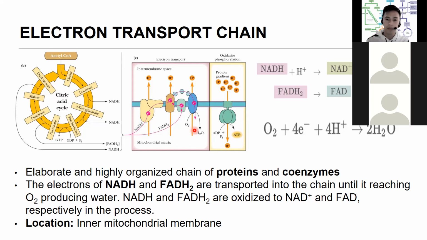Is that clear? So that's the summary of the electron transport chain. The electrons will travel in the chains of proteins and coenzymes until eventually they reach the oxygen gas in the mitochondrial matrix, converting it to water. So again, this is aerobic because of that process.